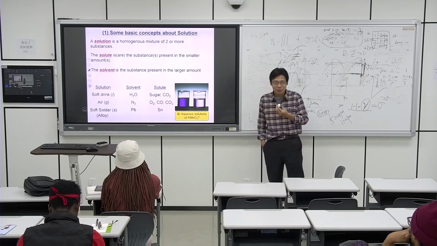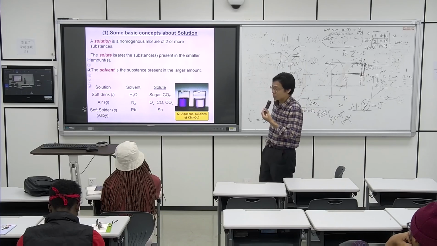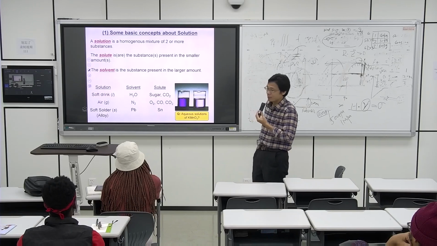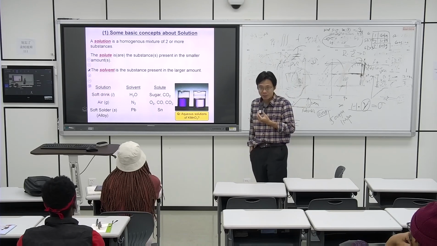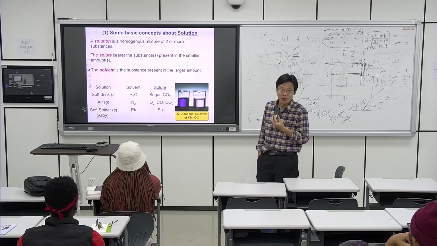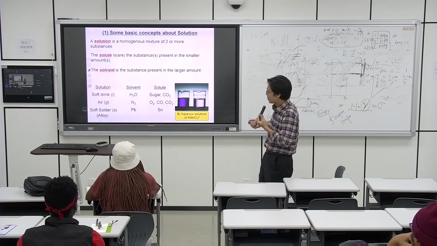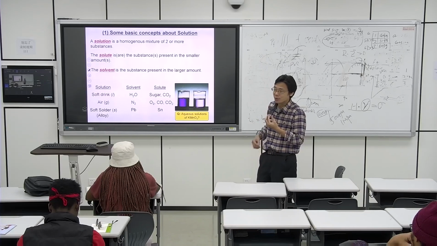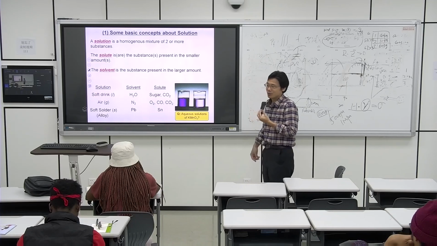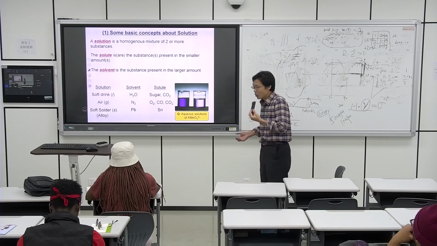So my question is, how many solvents are in one solution? One, yes, only one. In a solution, only one substance is the solvent, present in the largest amount. Others are called solutes.